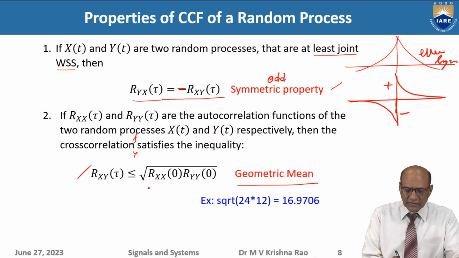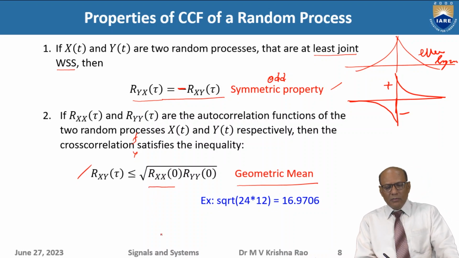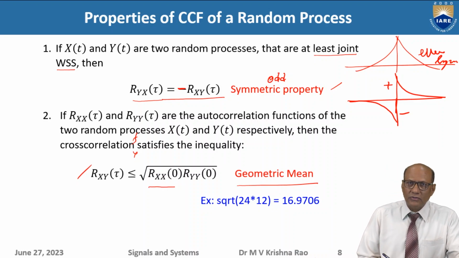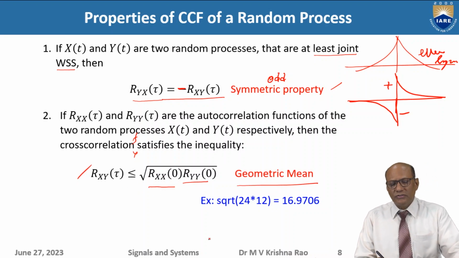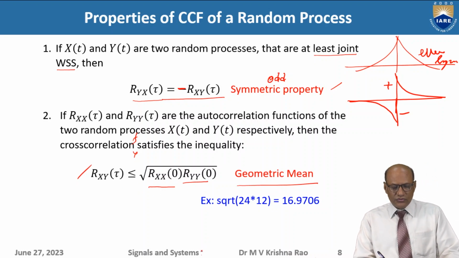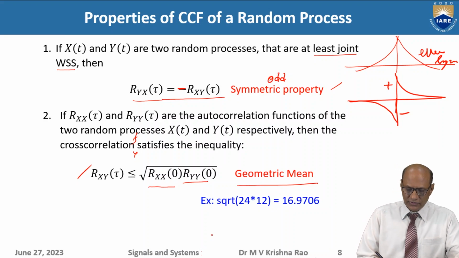Okay, so what is RXX(0)? RXX(0) is nothing but the mean square value of process X. RYY(0) is the mean square value, which means power of Y of t. The other one is the power of X of t. So you are multiplying both powers and taking the square root. So this is nothing but the geometric mean of the powers.